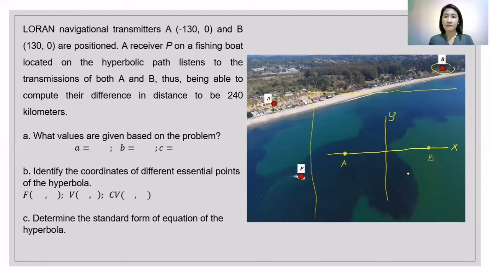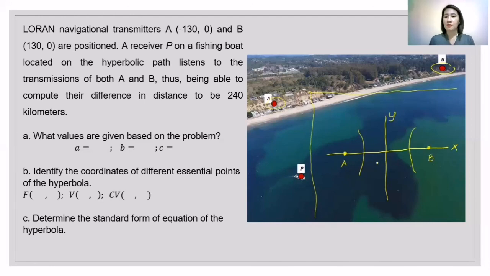Now, from these given foci, we can conclude that our hyperbola opens to the left and to the right, or the transverse axis lies on the x-axis. So we have the hyperbola here.